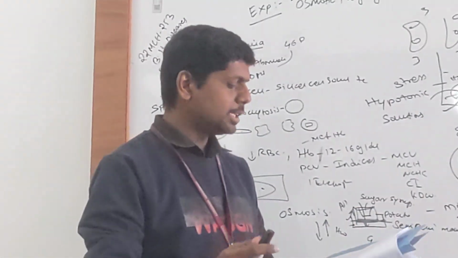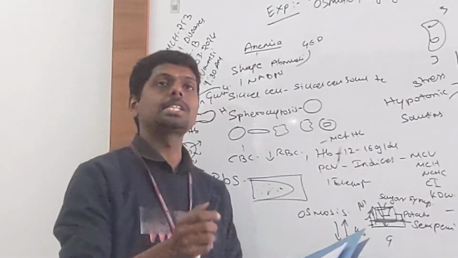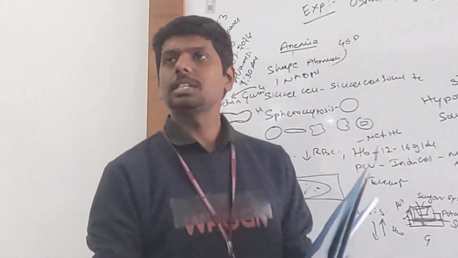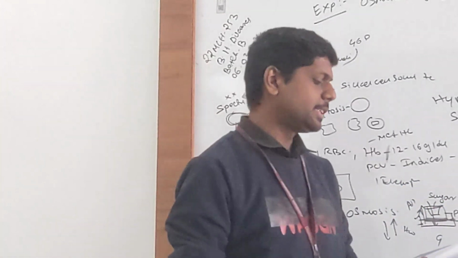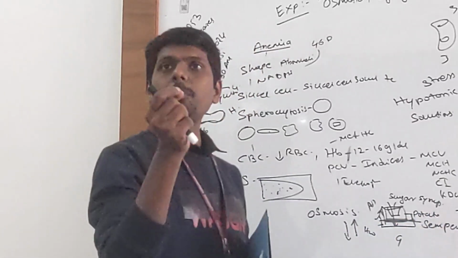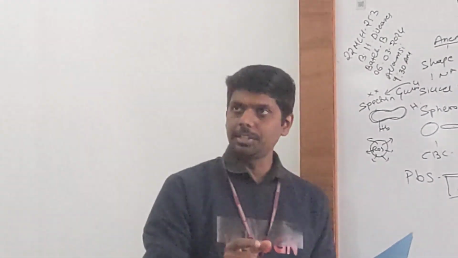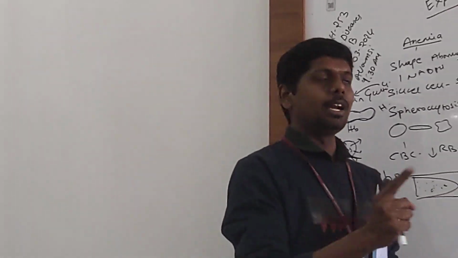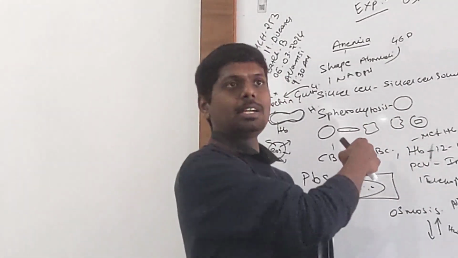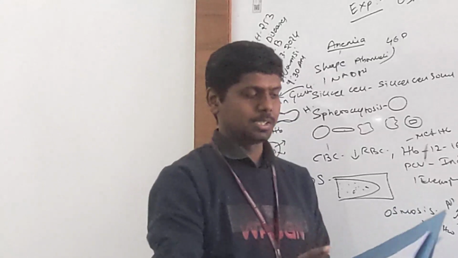Physiological salt or normal saline is the same. Then what protein is responsible for maintaining RBC structure? Spectrin. So spectrin abnormalities lead to shape abnormalities, and that can be detected in this test, right?